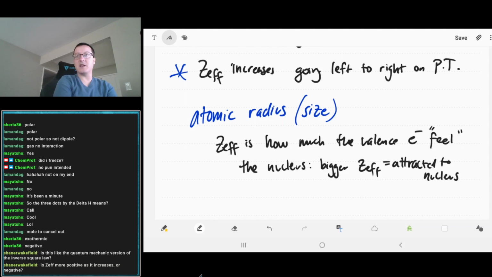Right? Simply because we have more protons in there with a roughly equivalent size atom, that means we can have more attraction to the nucleus.